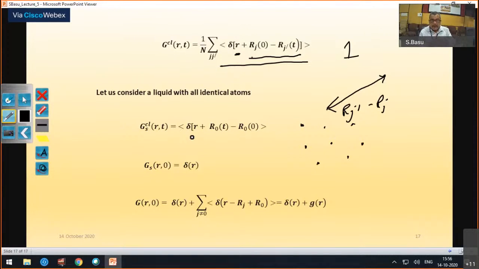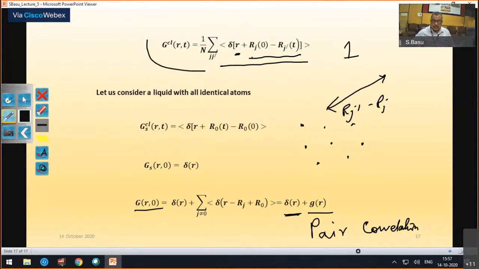Another thing is that when I take the complete Green's function, the total Green's function, and talk about time t equal to 0, this is like what we did in diffraction for a series of delta function potentials. So this one part is the self part, when r equal to rj, that is the delta function, but the other one is the pair correlation function.